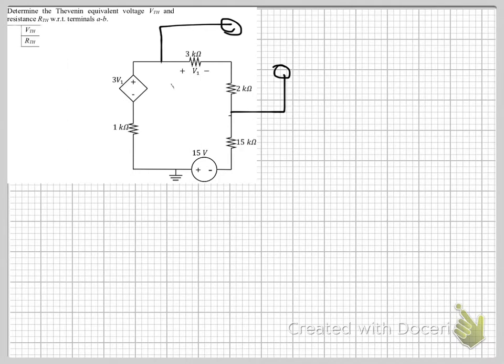You can see that your Thevenin voltage is actually the voltage across your 3K resistor plus your 2K resistor. So you can simply start by doing a KVL.